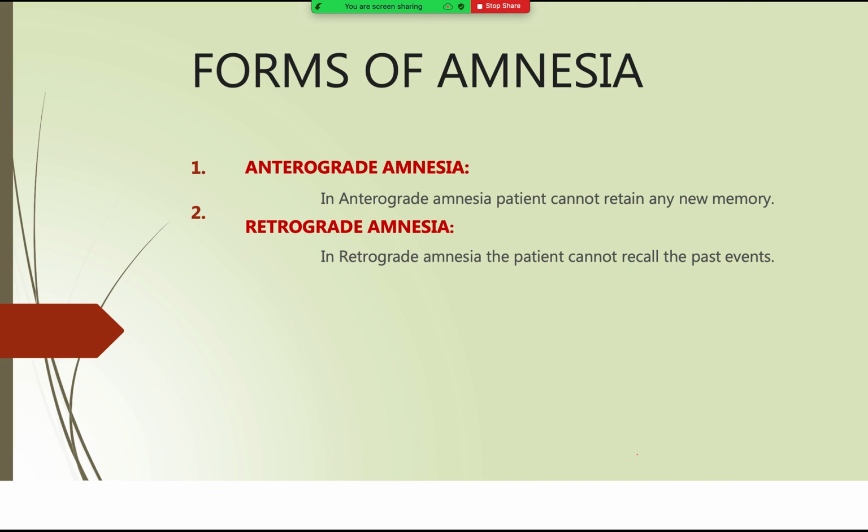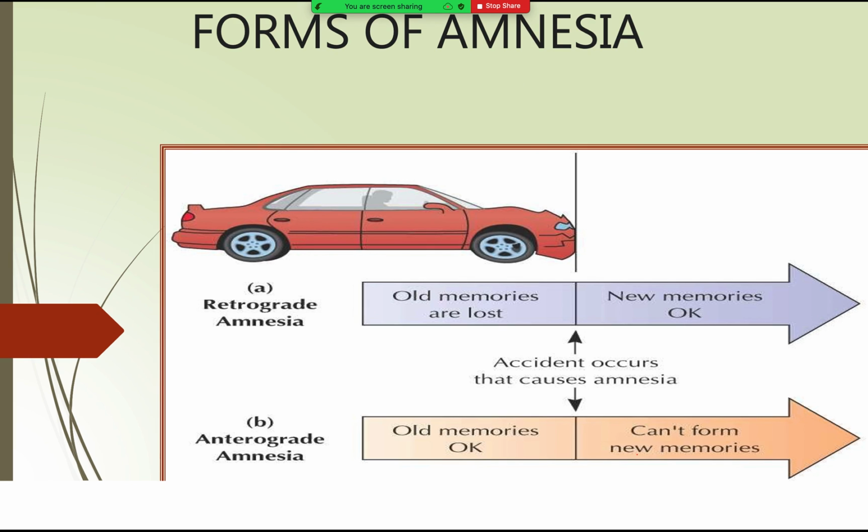So it can be anterograde, where someone can't form a new memory, or retrograde, in which one will not be able to recall past events. But there are various forms to that as well.